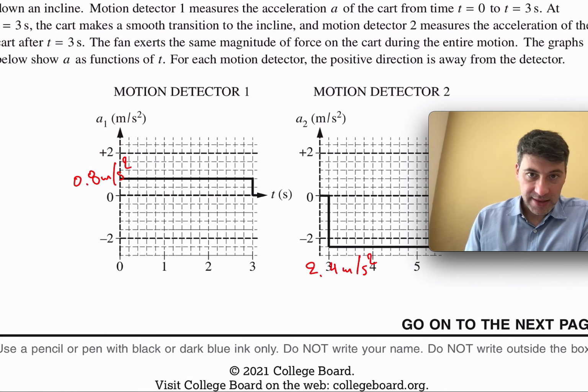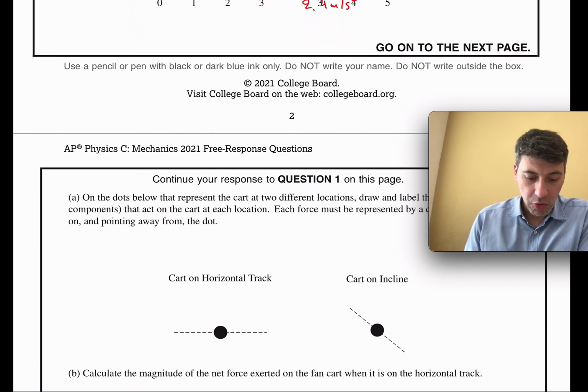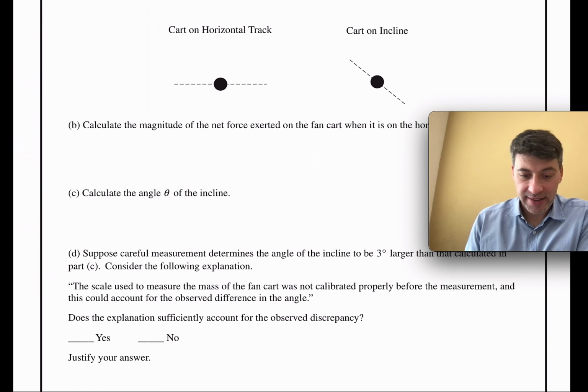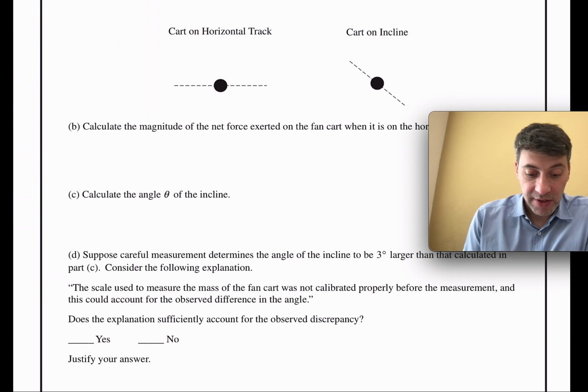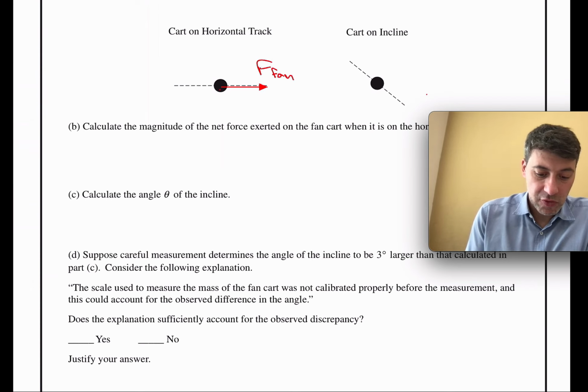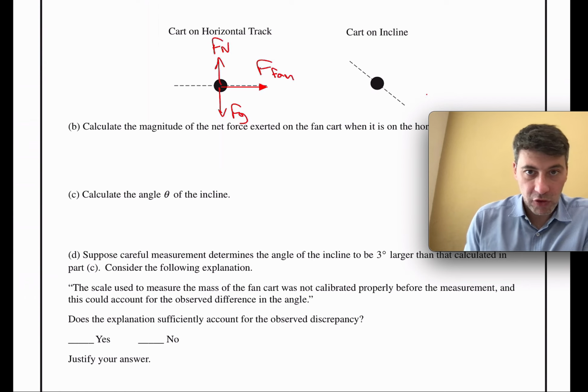Now we can continue to the question itself, which is to draw a free body diagram on the cart. Quite simple, I would say. There is the force from the fan. In reality, this is the force from the air on the cart. And since we're living on planet Earth, there is the force of gravity, and there is the force from the floor, the normal force.